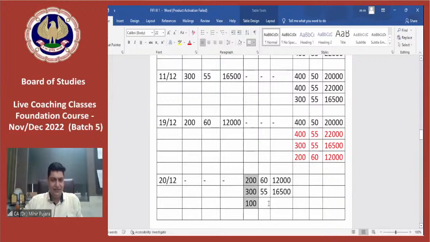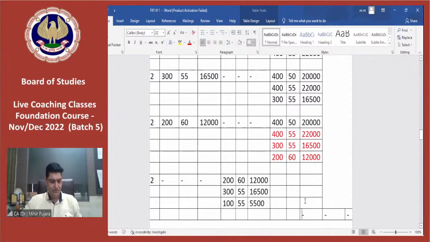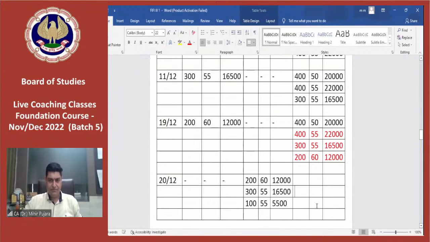So in closing stock, the last lot is 0. The second last lot is also 0. Third last, these two are 0.